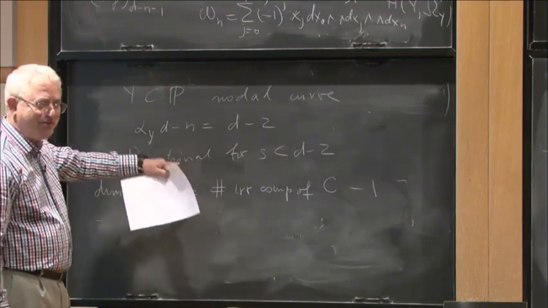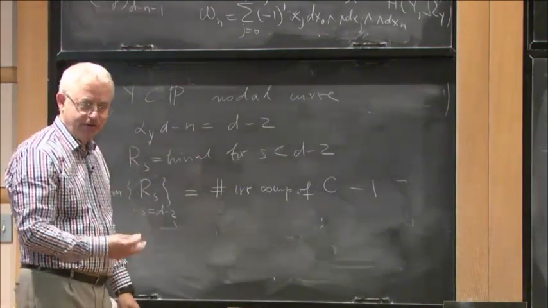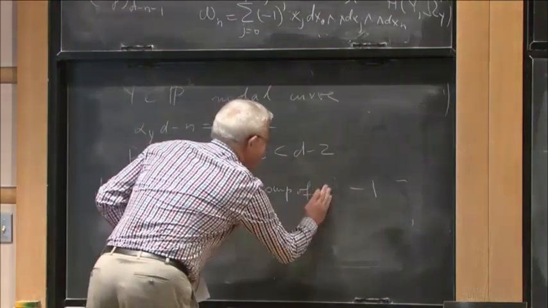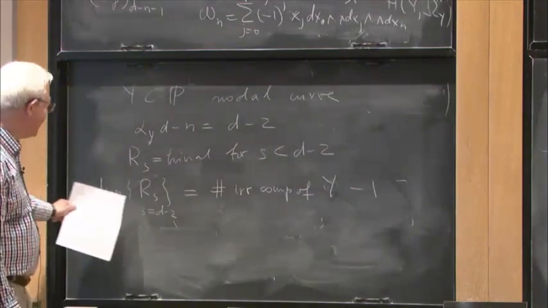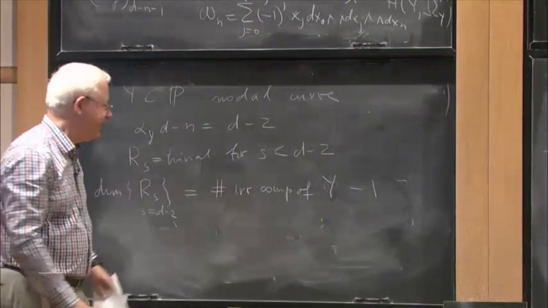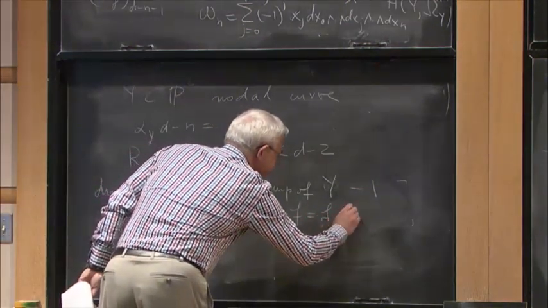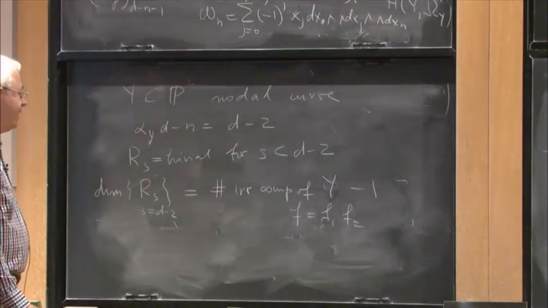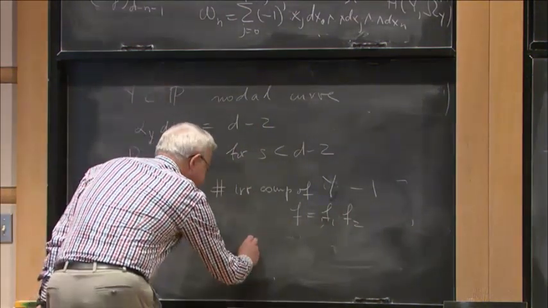And I can write you explicitly how you get such a relation when C has just two irreducible components. So when F has a factorization like that, then there is a non-trivial relation coming from the following fact.